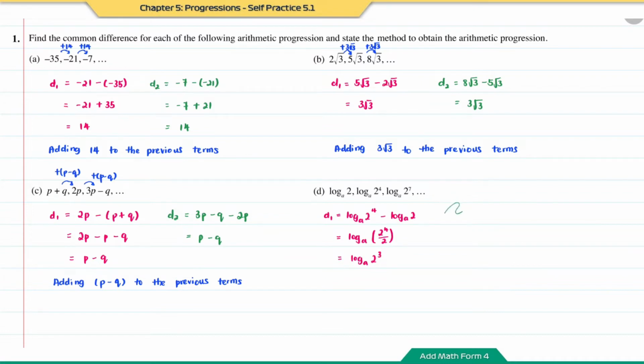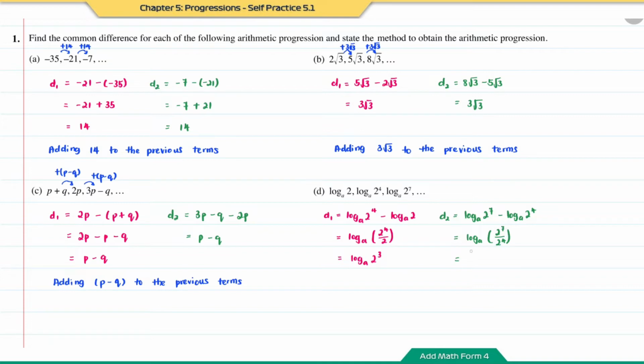Next, you can also find the common difference using log base a of 2 to the power of 7 minus log base a of 2 to the power of 4. Again, using the division law, this will be 2 to the power of 7 divided by 2 to the power of 4.